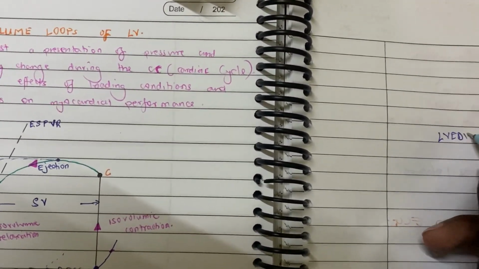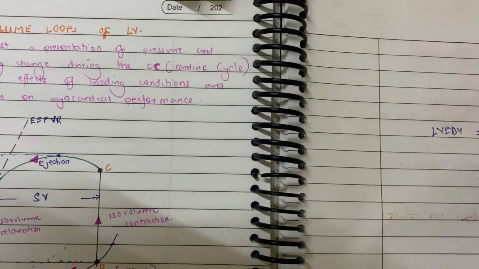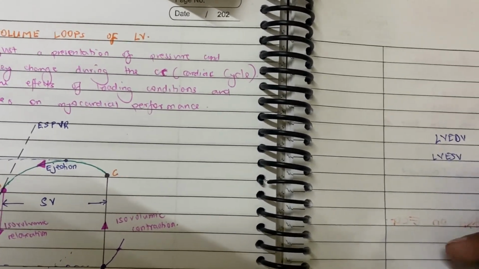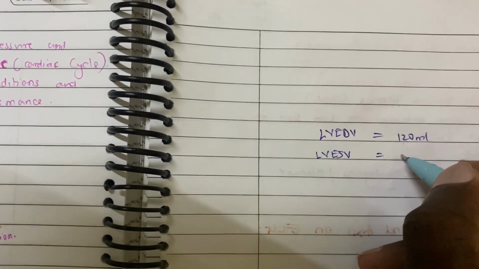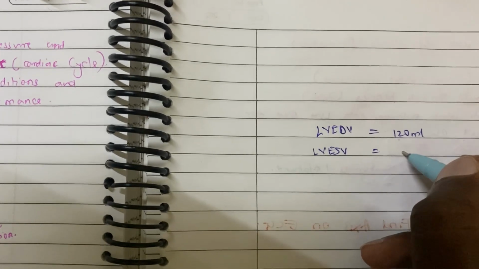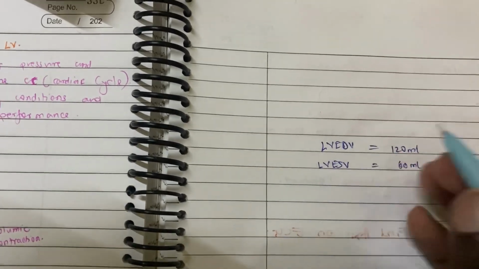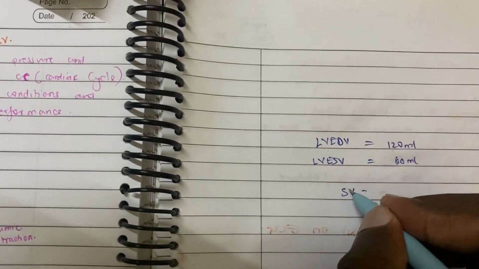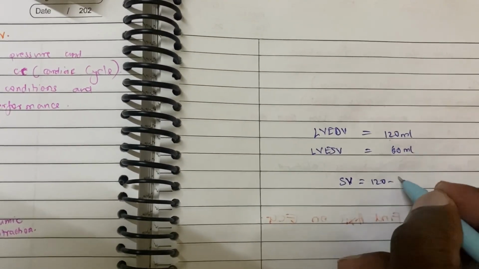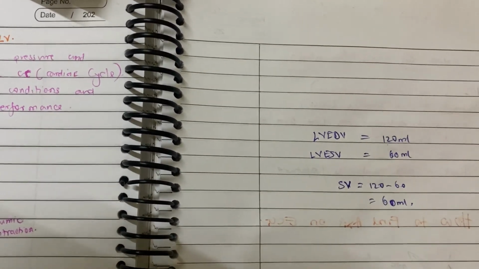If the LV end diastolic volume is around maybe 120 ml, and the LV end systolic volume is, in a simple calculation, around 60 ml, how many mLs have gone? 120 minus 60, so the stroke volume will be 60 ml.